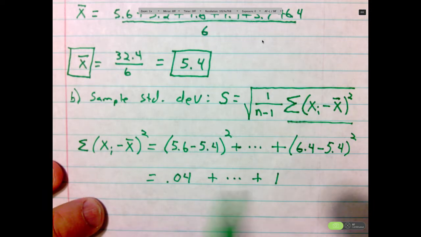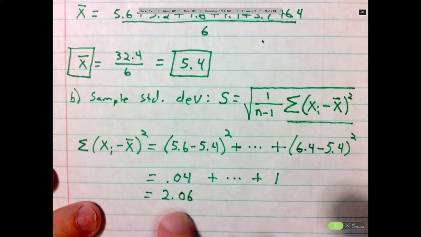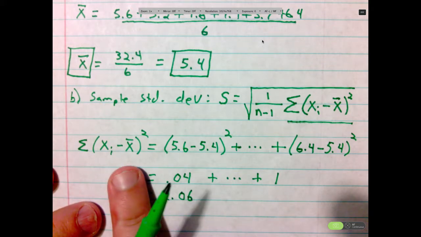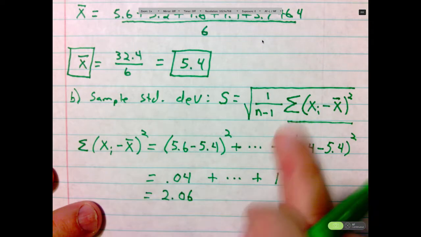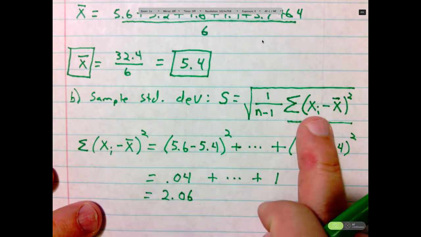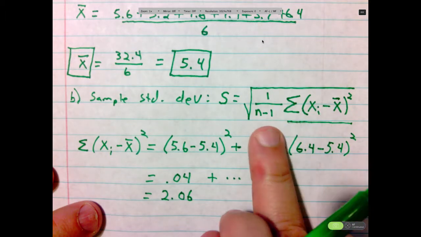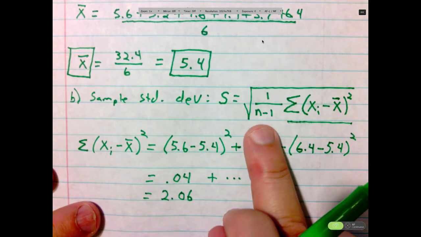Adding up these two terms and the other 3 in the middle will yield 2.06. This 2.06 is this term here, the sum of each x minus sample mean quantity squared, which is in turn this term here. So now I must simply multiply by 1 over n minus 1. Stated another way is to divide by n minus 1.